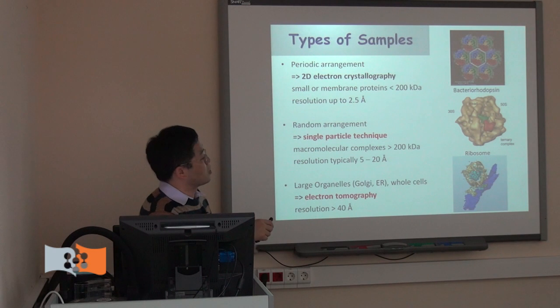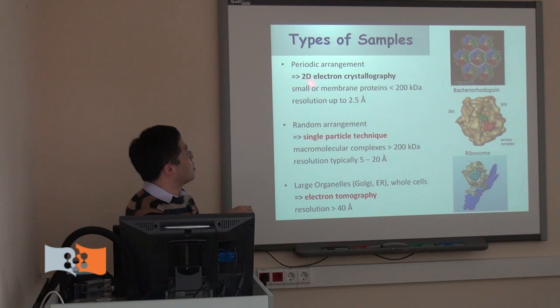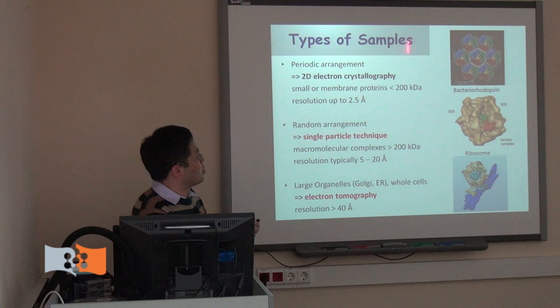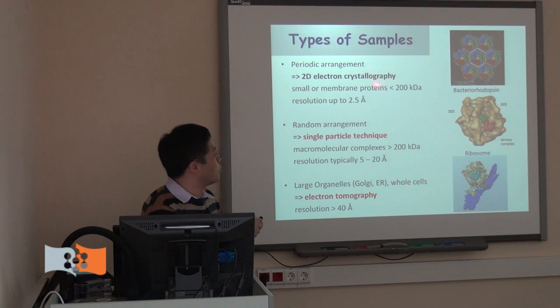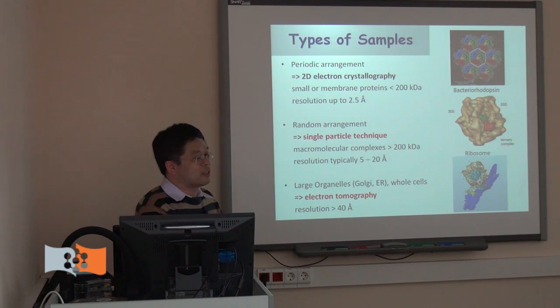In 2D crystals, the sample is highly periodic, so you can use electron diffraction. This can achieve very high, atomic resolution, for example, 2.5 angstrom, which is comparable with X-ray.